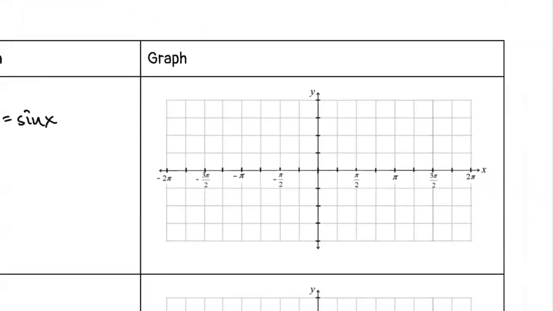We're going to go over to our grid. Do I start at the origin or do I start at a different point?